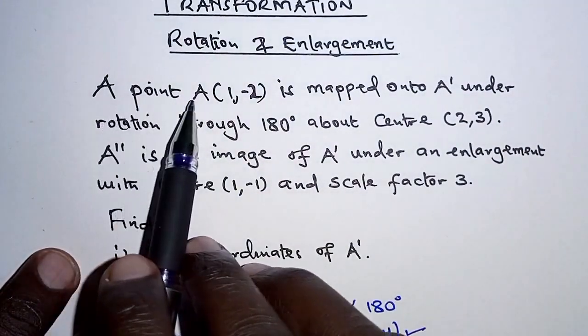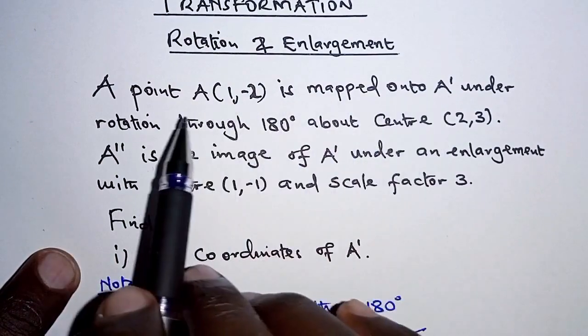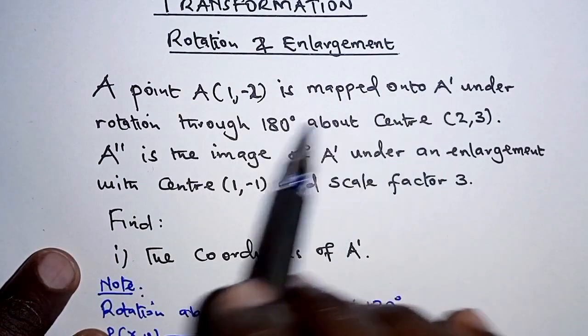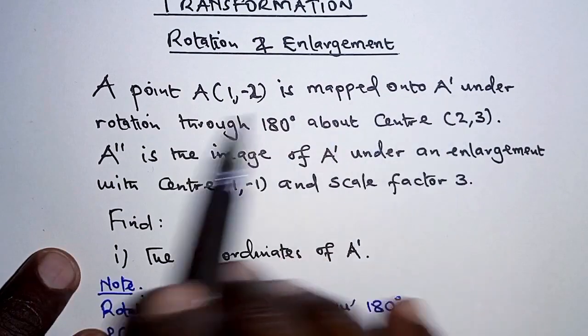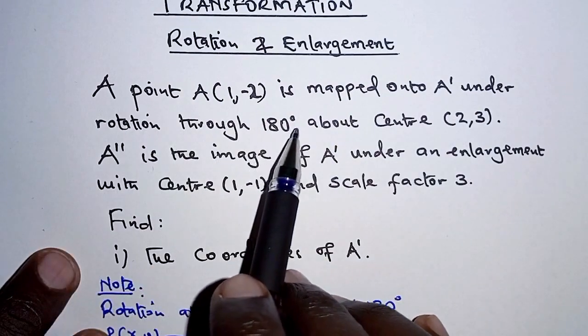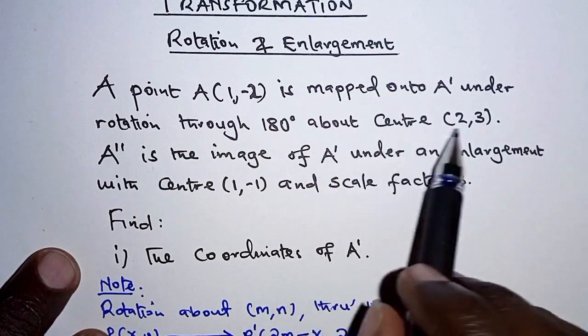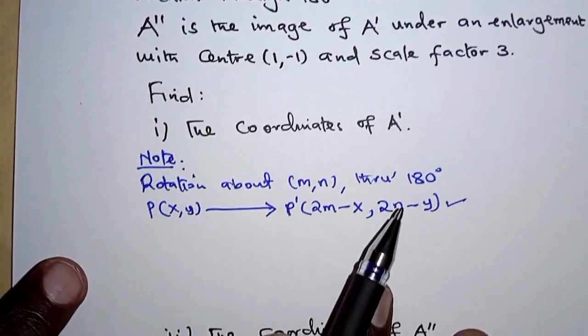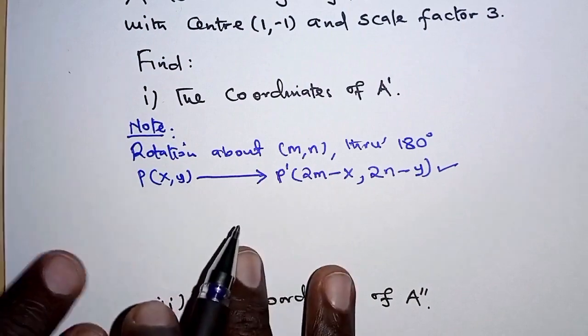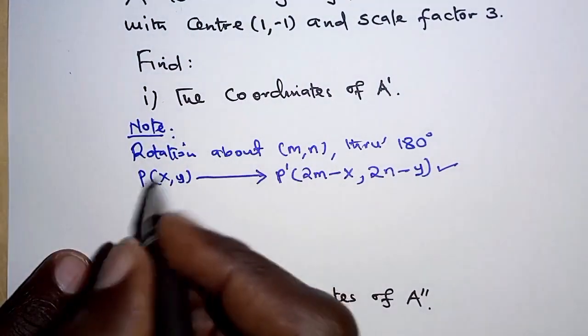Remember, we are told that the point A is mapped onto its image A prime under rotation through 180 degrees about center (2, 3). So for our case, the center is (2, 3). The transformation is similar to what we've described here.